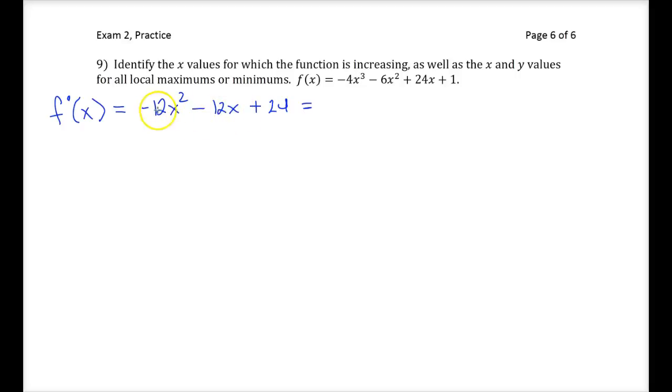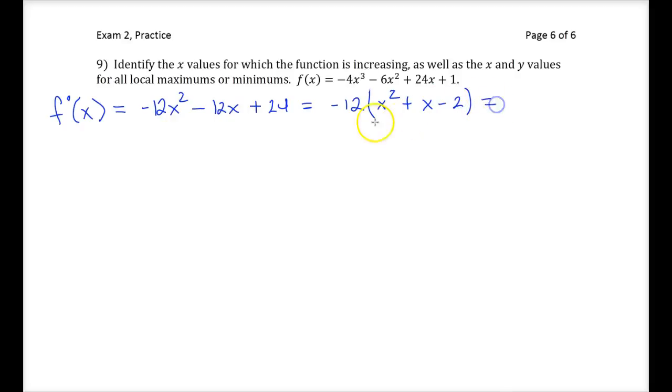At this time, I'll go ahead and factor out a negative 12 out of each term. So that'll leave me with x squared plus x, not 2x. So let me erase that right quick. So it'll be x squared plus x minus 2.